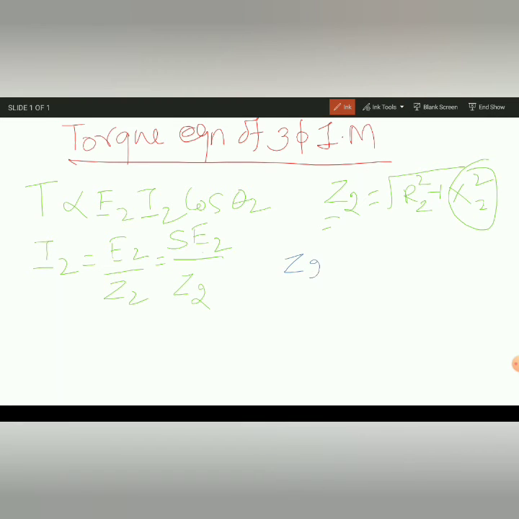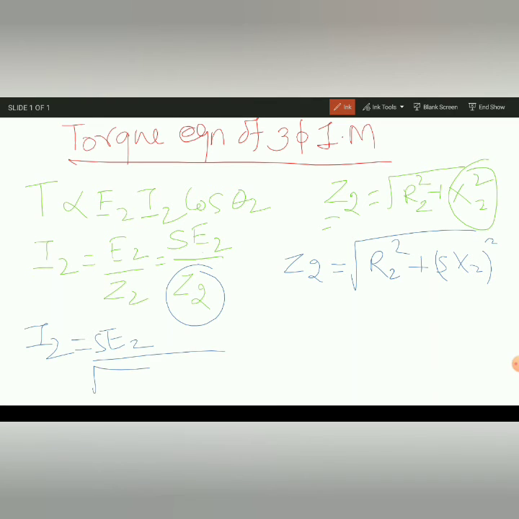So now Z2 equals root of R2 square plus S X2 the whole square. Now we can replace Z2, and you will get I2 equal to S into E2 divided by root of R2 square plus S X2 the whole square. Okay, this is I2.